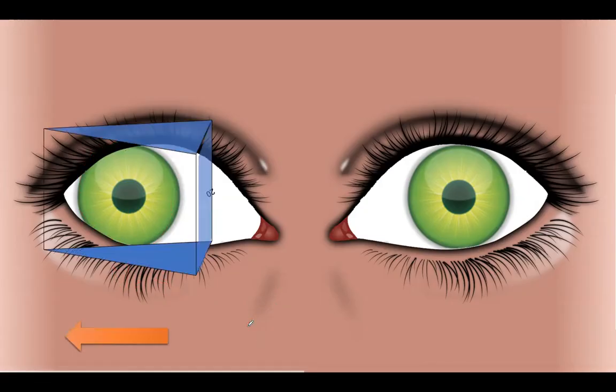Again, we put a prism with the apex with the deviation, or base against deviation. So we put a prism base in, or the apex out, in order to try to shift this nasal image temporally, so that we can alleviate this diplopia. But again, what happens if the deviation is more than the amount of the prism?